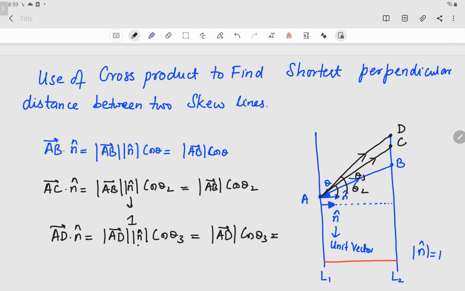Now, if you choose any point other than A, say E, the dot product of EB with this N will again give you this red line, because you can shift this unit vector N over here, and this is the angle between them. And when EB is multiplied by the cos of the angle in between, it will give you the red line.